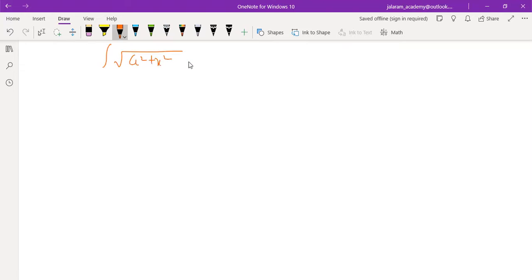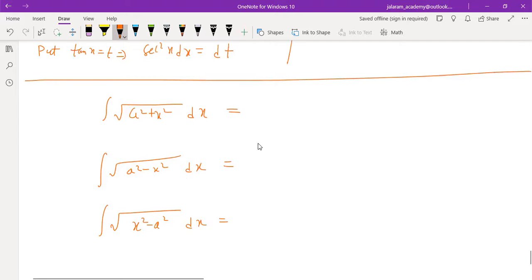under root of a square plus x square dx, under root of a square minus x square dx, and under root of x square minus a square dx. So how to use these three formulas? First think about them. How to learn these formulas? I'm telling you the learning technique of these formulas. First we write half, half, half. All these formulas have half outside the square bracket.